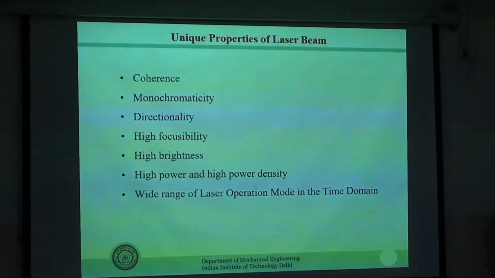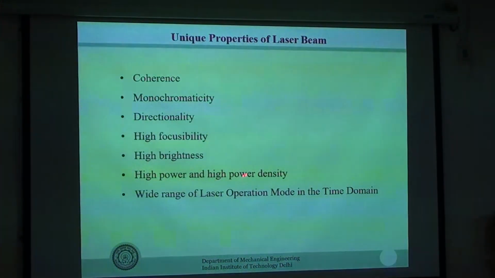Now, why is the laser beam so popular in manufacturing applications? Why not the ordinary light beam or light sources? There are certain properties which make the laser beam very special compared to the ordinary beam, and this is very important to understand for any application of lasers, whether it's cutting, welding, or surface modification.